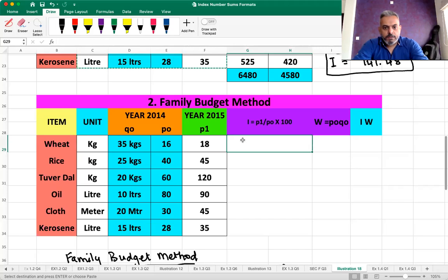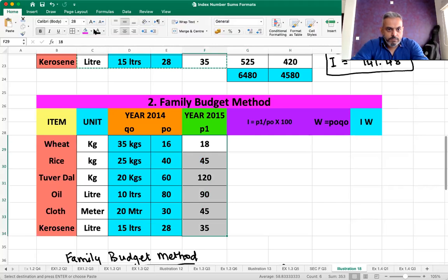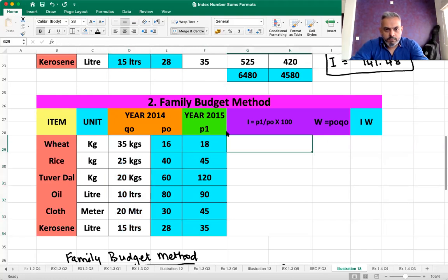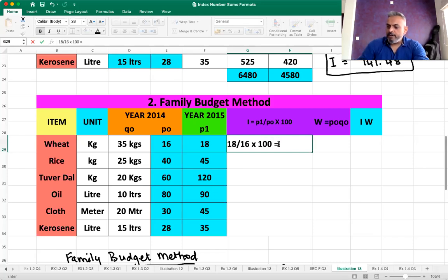So let's start one by one. Now P1 upon P0. So P1 is 18 divided by P0 is 16 into 100 is equal to 112.5.